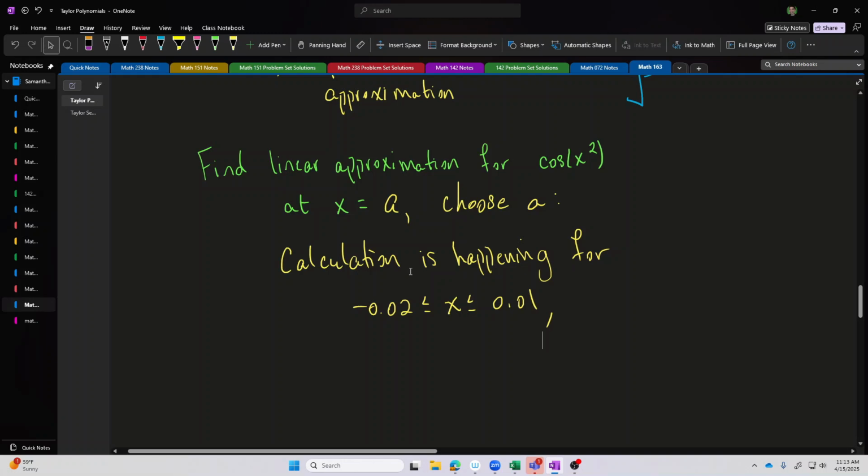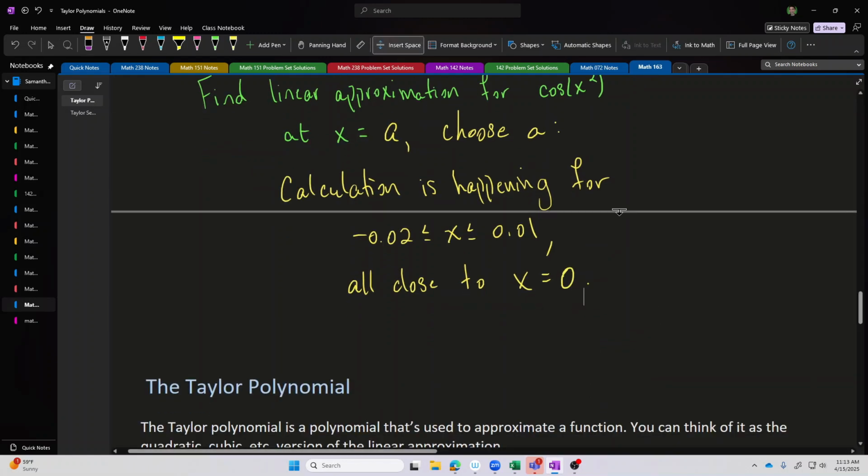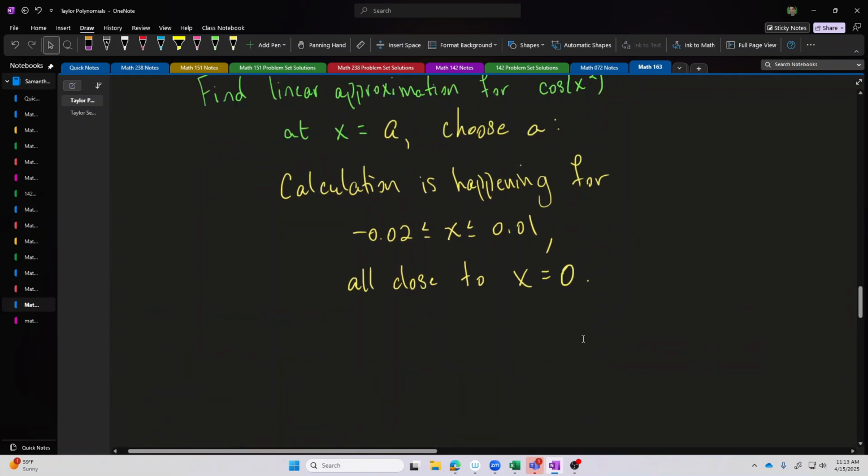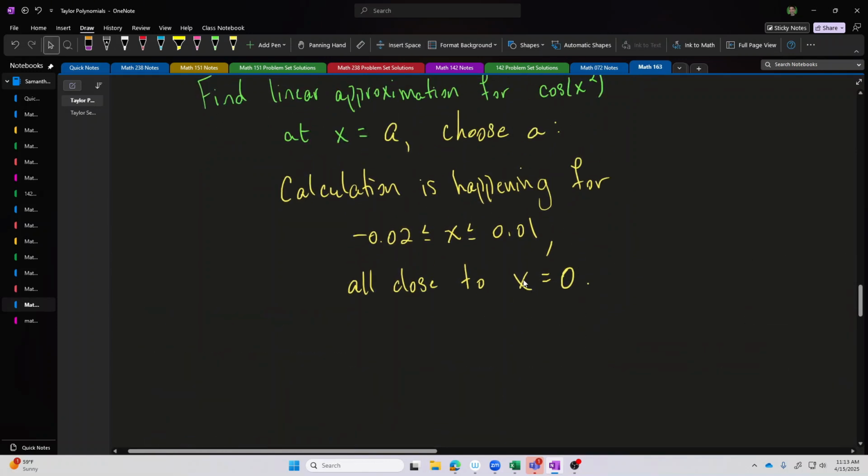Now, what I notice about all of these x values is that they are all very close to a specific value, x equals 0. So what I think I'll do is I will choose to calculate my linear approximation at x equals 0, because that's a very simple x value that is very close to the x's that I am working with in my problem.